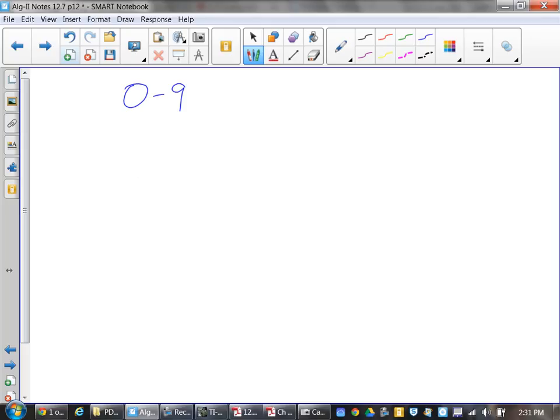So that's 10 choices for the first value, 10 choices for the next one, 10 for the next one, which makes 10 to the 4. So that gave us some possible range of things.